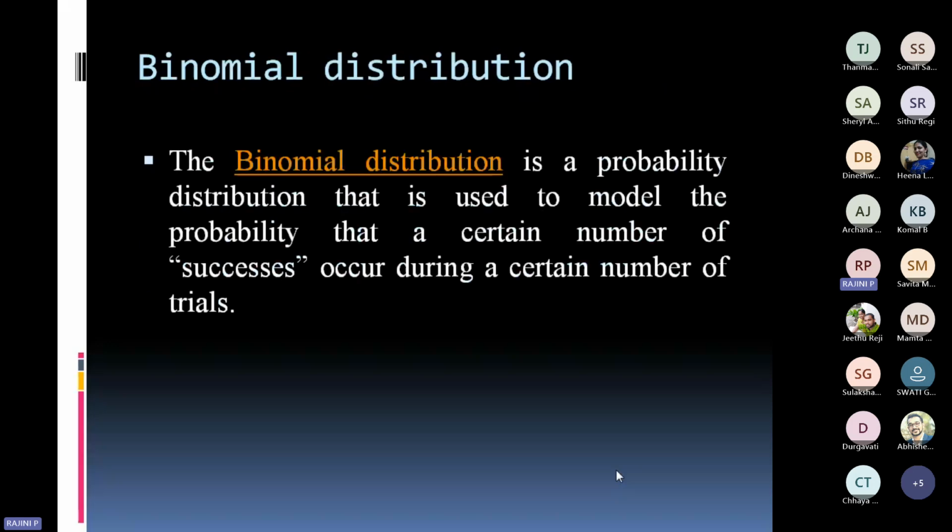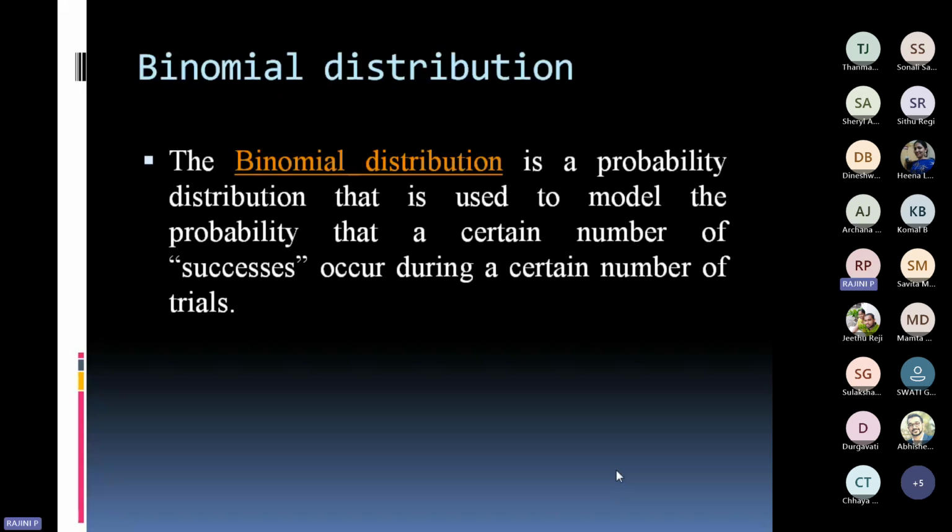Now you just see in this one, what is a binomial distribution? When to use binomial distribution? For example, you are conducting an experiment, and the experiment consists of only two possible outcomes, and you want to calculate the probability of a certain number of successes.